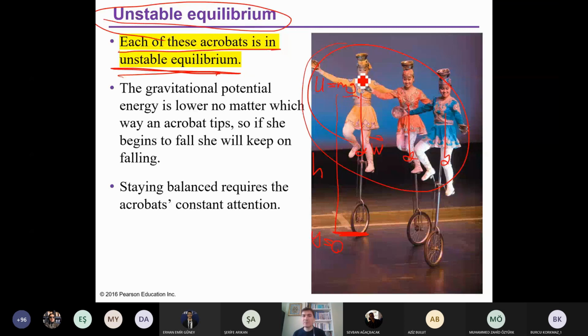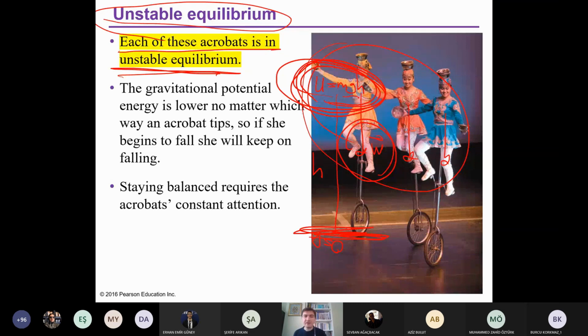So they have maximum potential energy in this case. Minimum potential energy is here, okay? So the force acting on these acrobats would like to move these bodies to the minimum potential energy. So this maximum potential energy position is the unstable equilibrium.